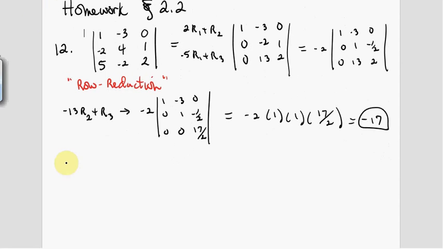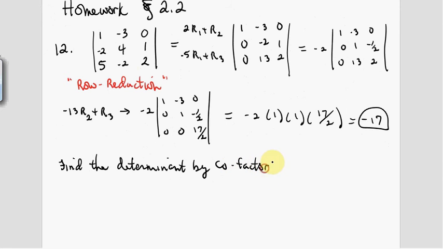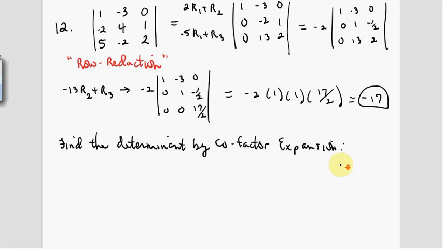So if you take this problem and find the determinant by cofactor expansion, I will, since I have a 0 there, use cofactor expansion along the first row.